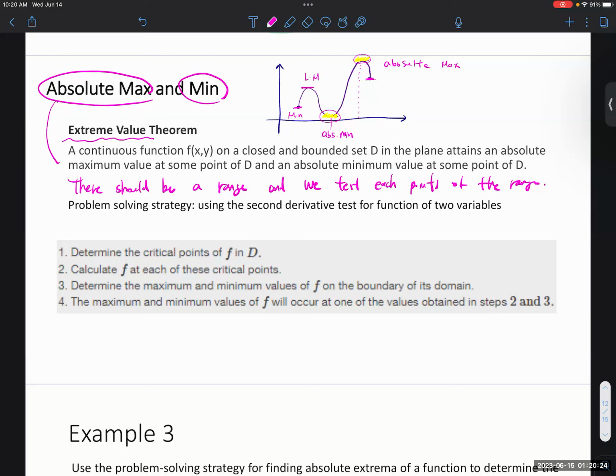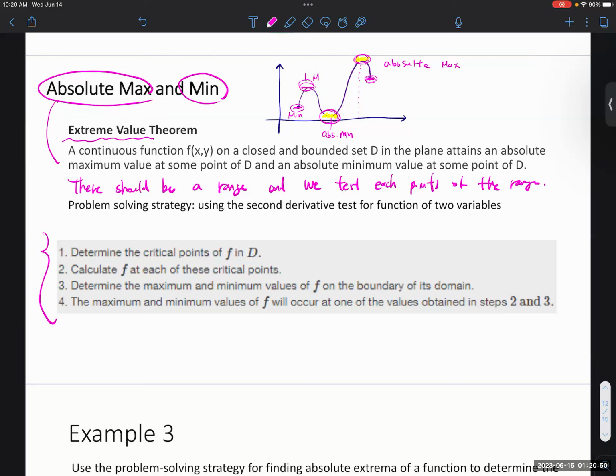The derivative is equal to 0 or undefined, but finding absolute max and min is somewhat different from finding local max and local min. There are steps, but I'm not going to really talk about them. Nobody is going to remember and memorize them.